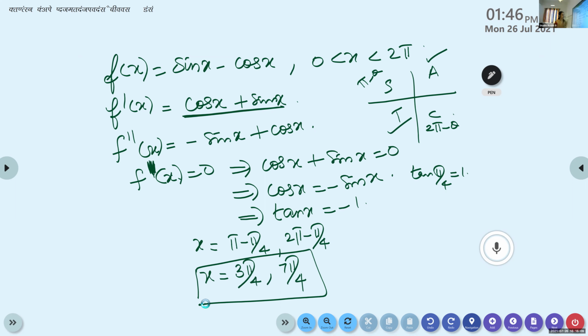After finding these values of x, where do we have to substitute? We'll be substituting this in f double dash of x.